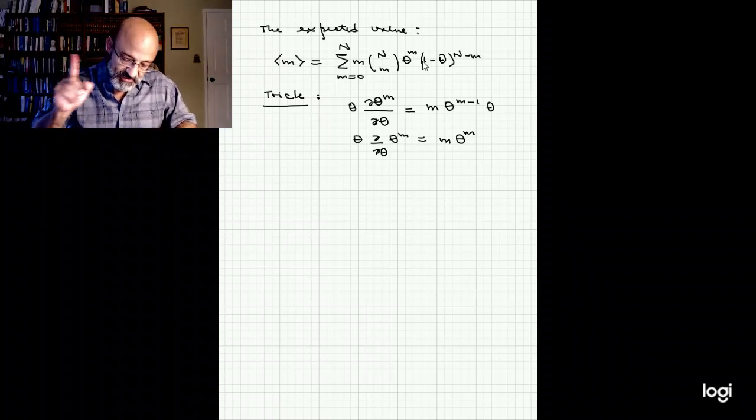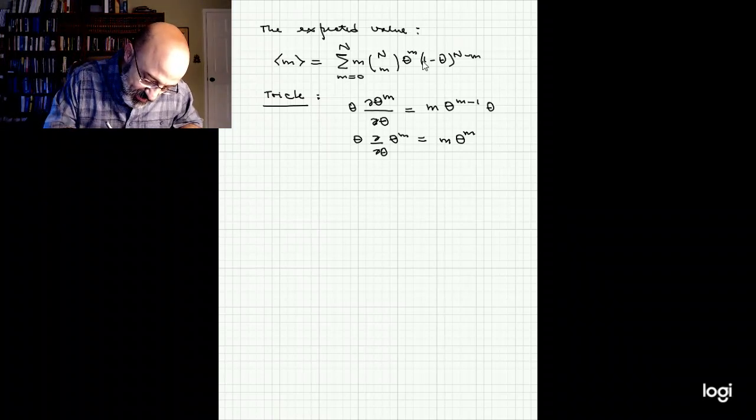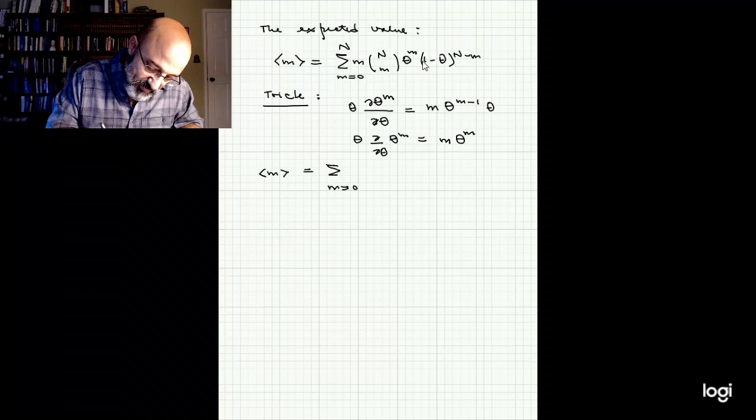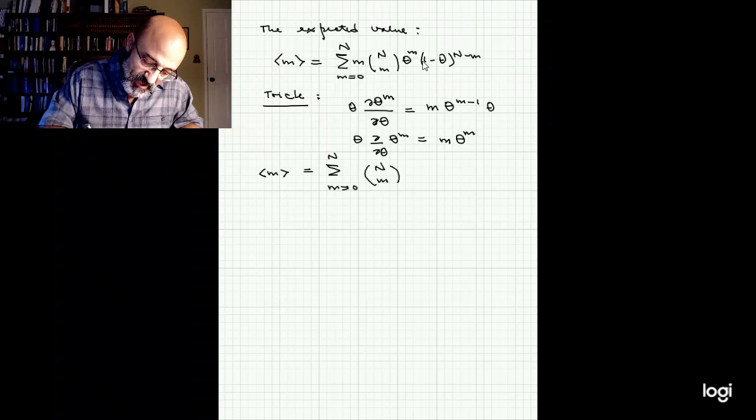When we do that, then m times the binomial coefficient n choose m times theta^m can be written as theta d/dtheta acting on theta^m, times (1 minus theta)^(n minus m).